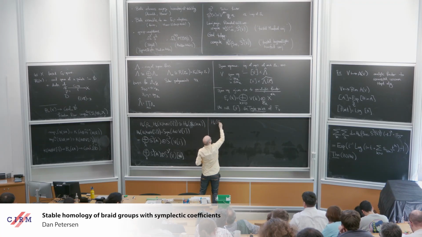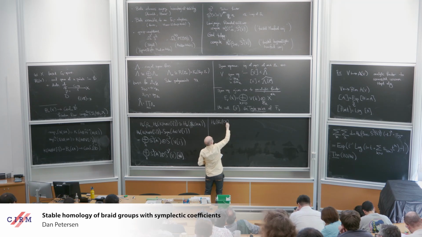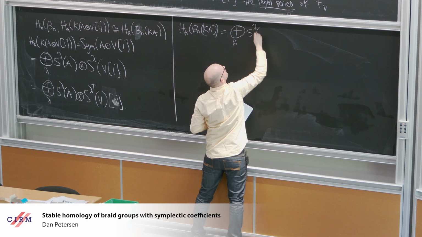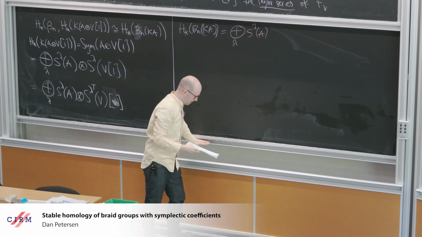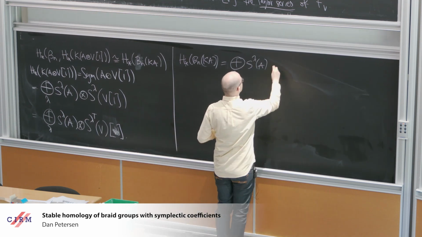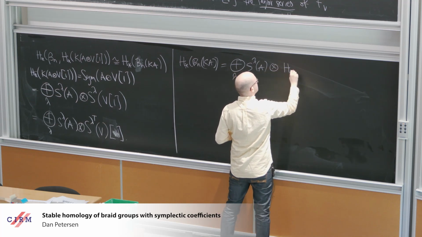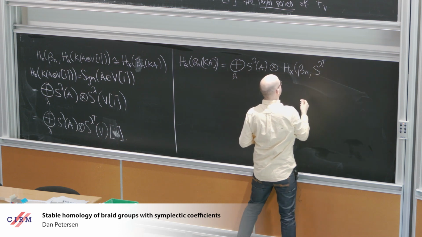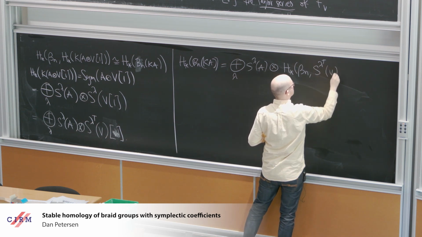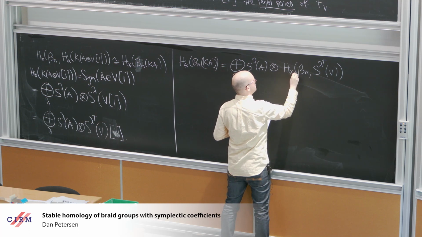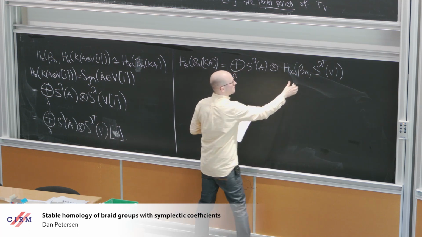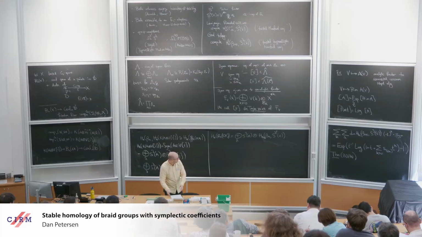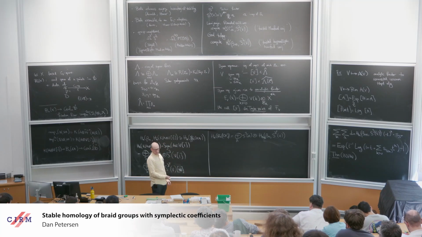So I see that the homology of Bn Ka is the sum over all lambda, S lambda of A, tensor homology of the braid group, S lambda transpose of V. And here I should take plus the size of the partition. What does this mean?